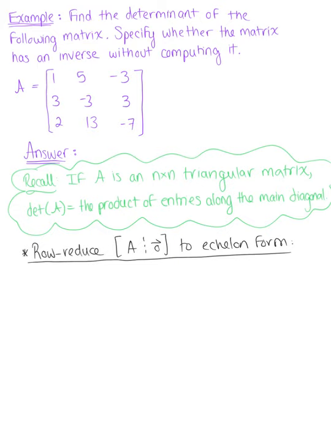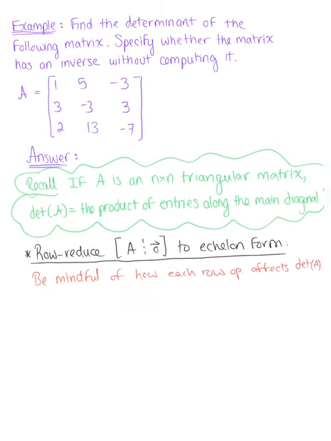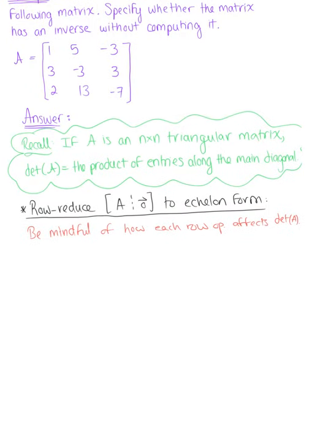And again, you want to keep in mind as we go through this row reduction process that each of the row operations affects the determinant. So make a love note here to ourselves to be mindful of how each row operation affects the determinant. So we're ready to begin.